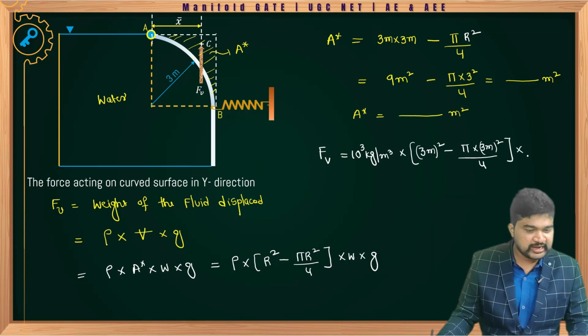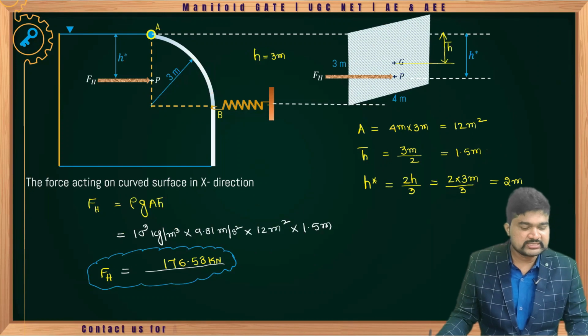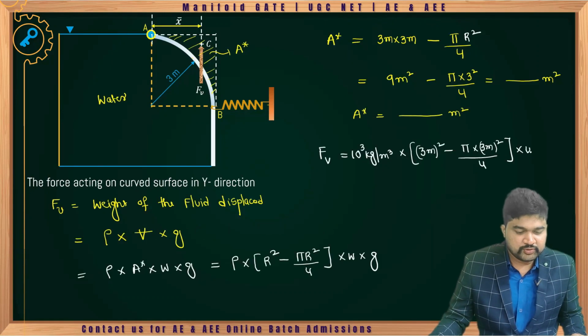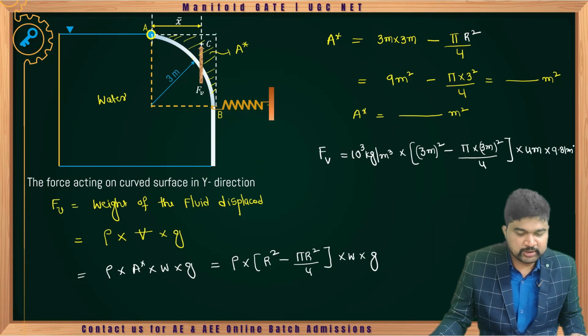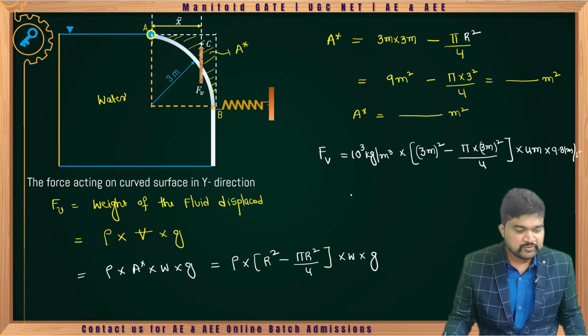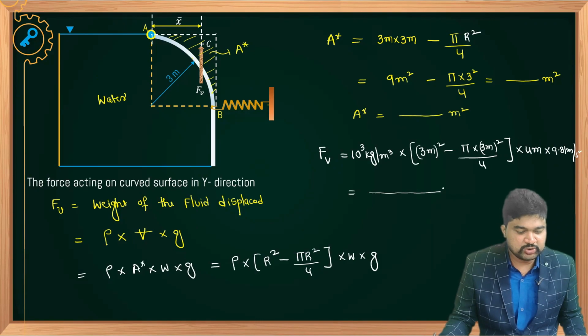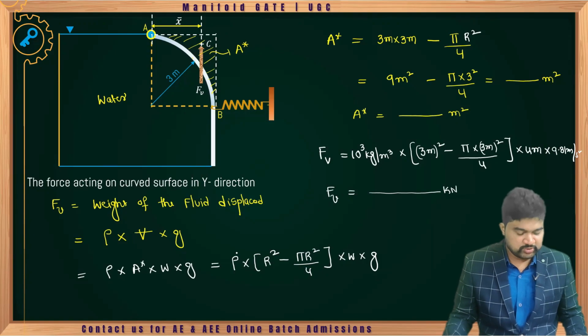What is the width of the gate? 4 meter is the width of the gate. 4 meter into 9.81 meter per second square. Finally, dash kilonewton. Fv is equal to dash kilonewton.